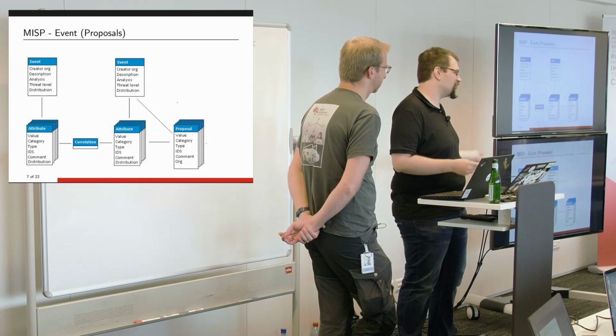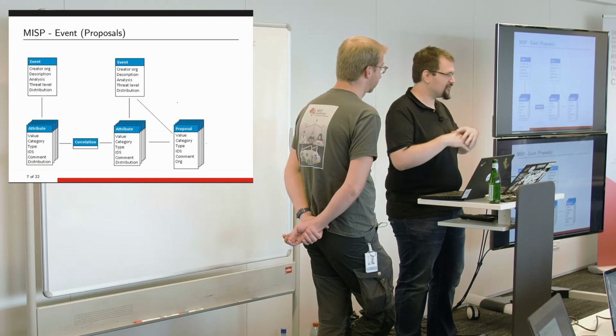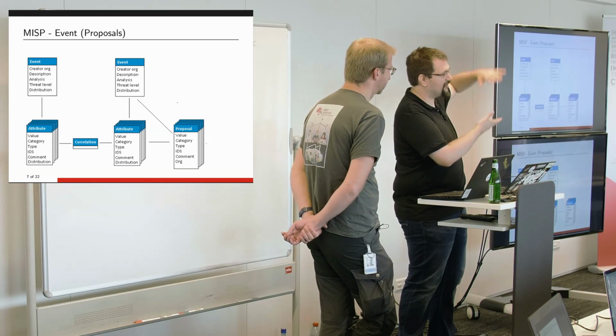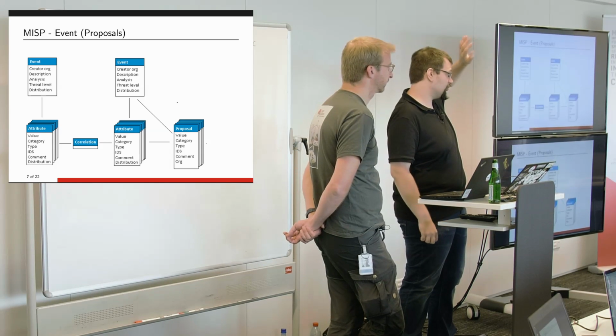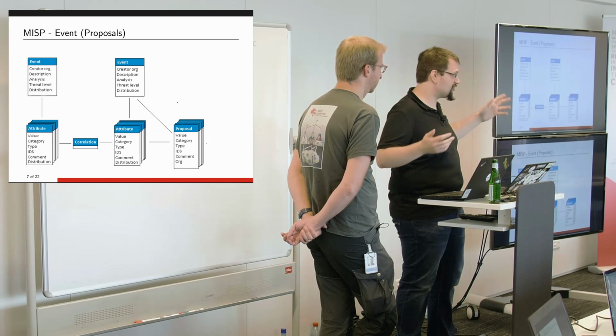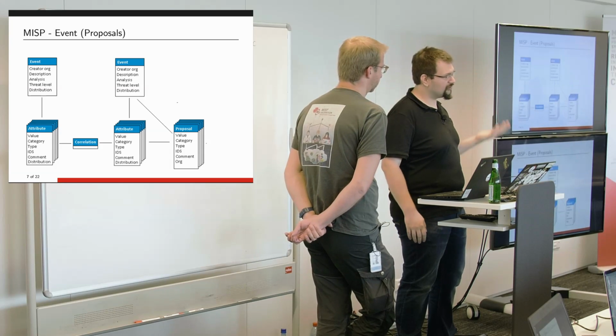You could create a proposal and wait for someone to accept it. That might never happen. So what we decided to do is you can create your own event and say, latch this one onto the original event and use this as an extend event. That means that if you go to the original event, you have a button that says, show me the full thing with all the extensions, and it merges the list of attributes into one list.